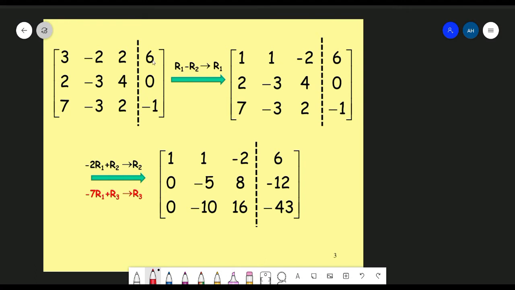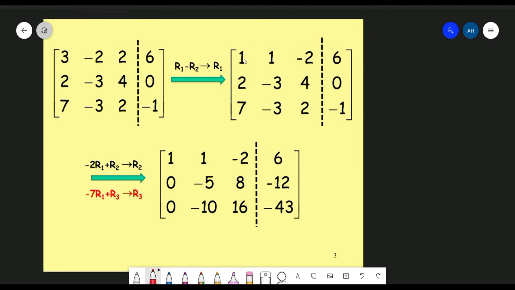So 6 minus 0 is just 6. So write down 6 there in the last column of row number 1. So this is our new row number 1, and we are happy because this row starts with 1, that is our leading one.